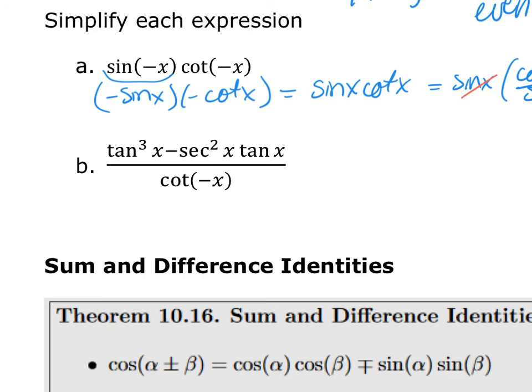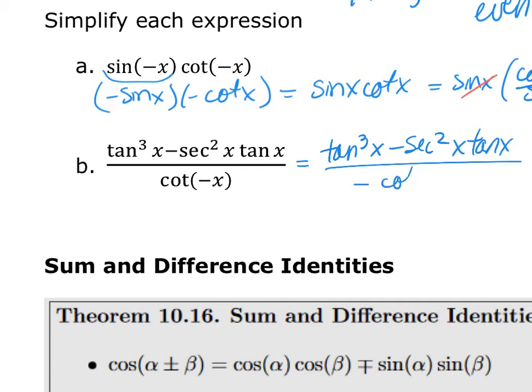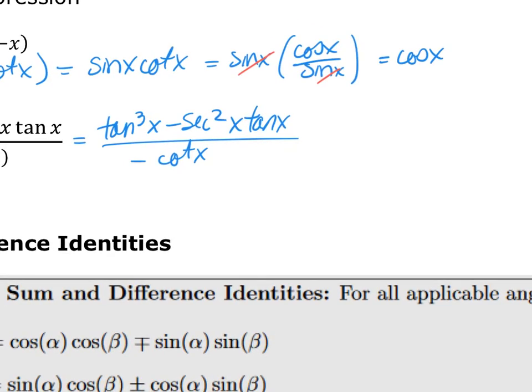Okay, so on the next one, I'm going to deal with the denominator first. So I have the tangent cubed x minus the secant squared x, the tangent x, and then in the denominator, cotangent is odd or even? Odd. So this would be negative cotangent x. Now in the numerator, if I were to have given you a to the third minus b squared times a, what would you have done there?